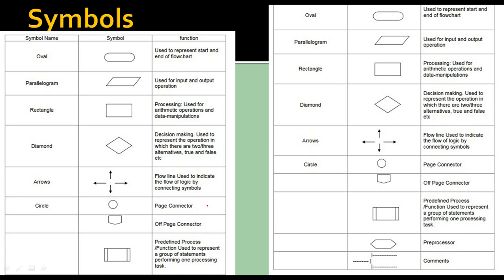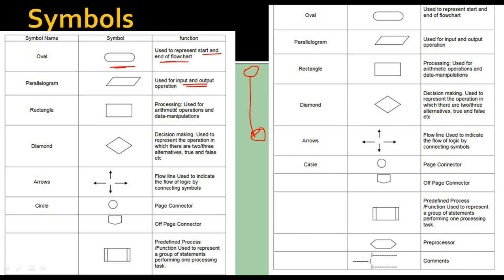So there are certain symbols used worldwide. An oval is used to represent the start and the end of a flowchart. If you see a flowchart, you can easily understand it by seeing an oval at the start and an oval at the end. Then a parallelogram is used for input and output statements.